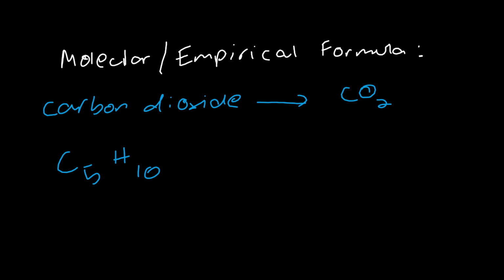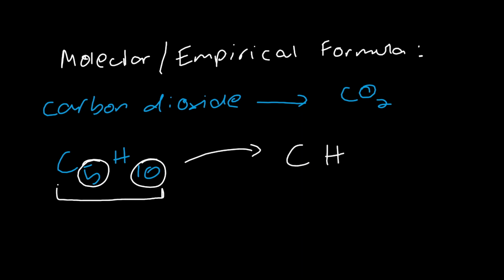So in order to get the empirical formula of this, we have to simplify these subscripts. This would turn into CH2, because we can take each of these subscripts and divide them by 5 in order to make them into their simplest form.